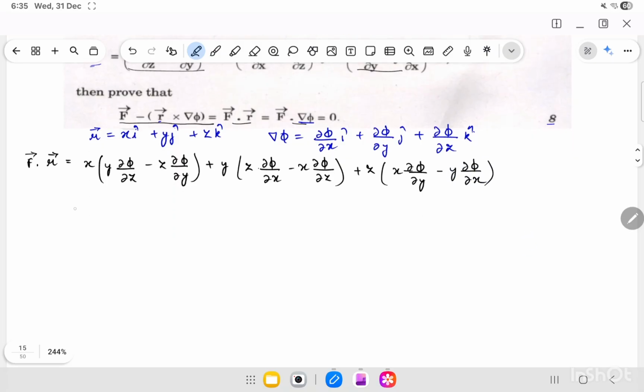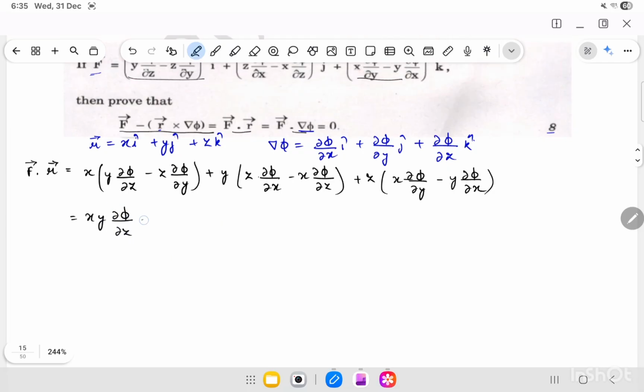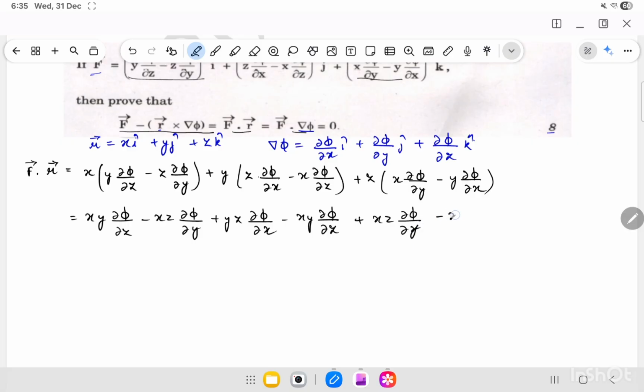Now if I simplify it, it will be equal to xy ∂φ/∂z − xz ∂φ/∂y + yz ∂φ/∂x − xy ∂φ/∂z + xz ∂φ/∂y − zy ∂φ/∂x. Now we see that this term and this term balance each other, likewise this term and this term balance each other, and this is balanced by this one, so it is equal to 0.